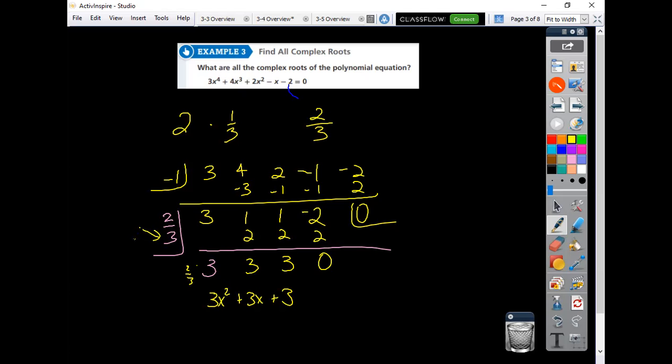So the complex roots, because so far what we have multiplied is, for the -1, x plus 1, and for the 2/3, if you multiply both sides by 3, the factor would be 3x minus 2.